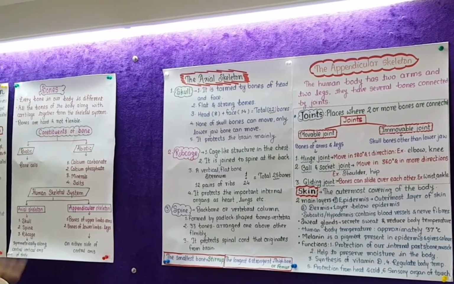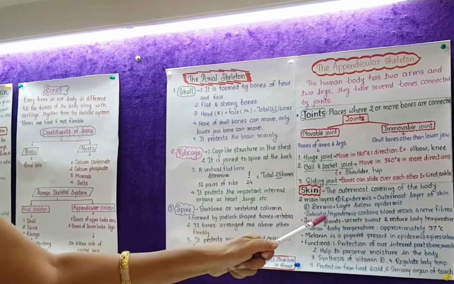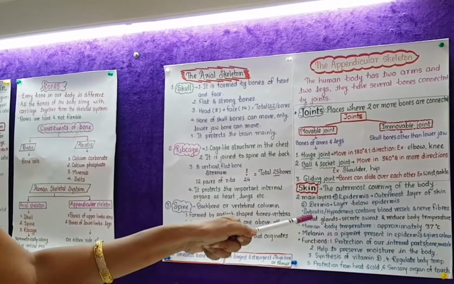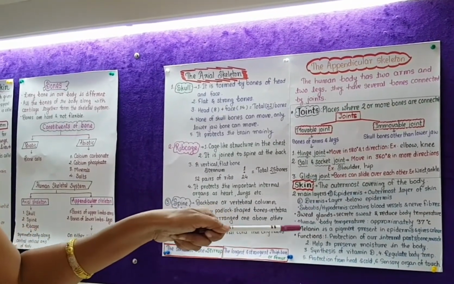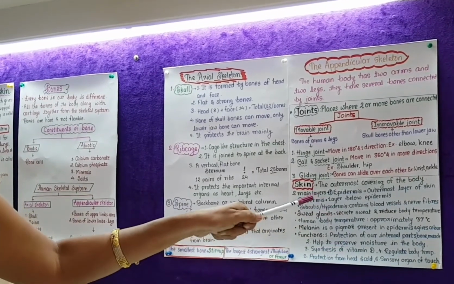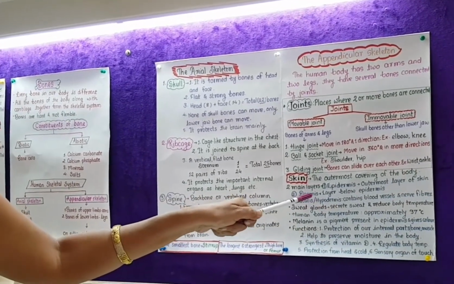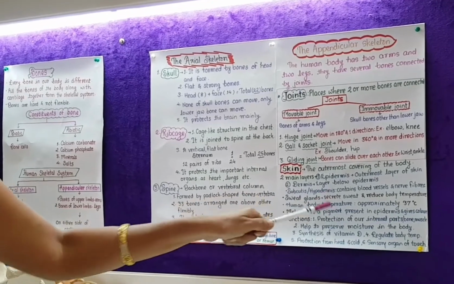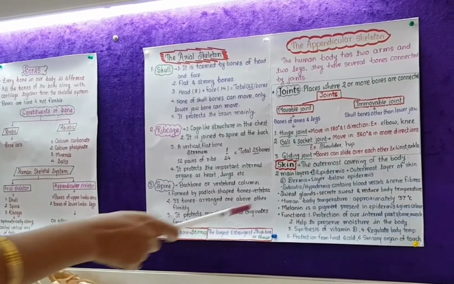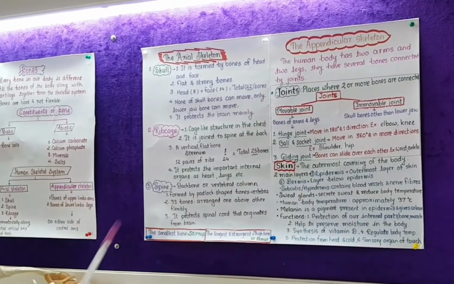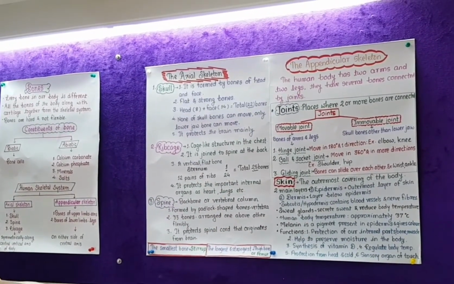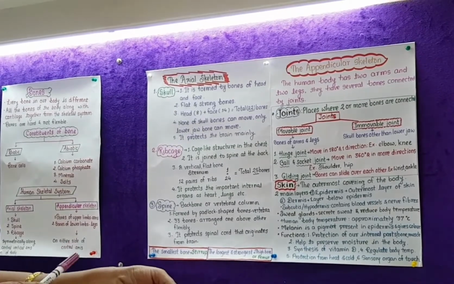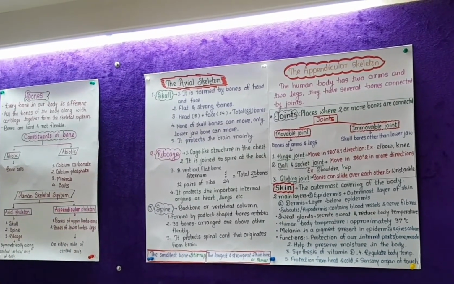And subcutis or hypodermis is the next layer to it. Sub means below, and hypo also means below. This layer is below the dermis, that's why it is called hypodermis. It contains blood vessels and nerve fibers. In our skin there are blood vessels and nerve fibers, and they are present in the hypodermis.